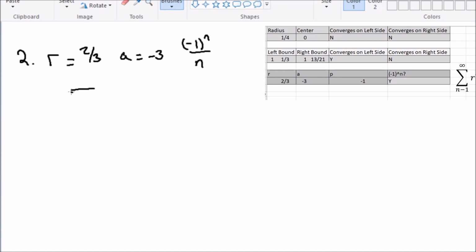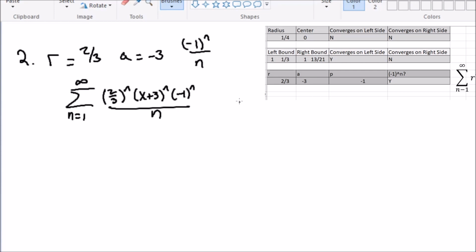Okay. So according to my little formula, that's going to be the sum from n equals 1 to infinity of (2/3)^n (x + 3)^n times (-1)^n over n.